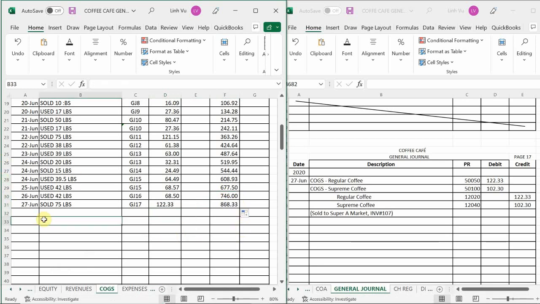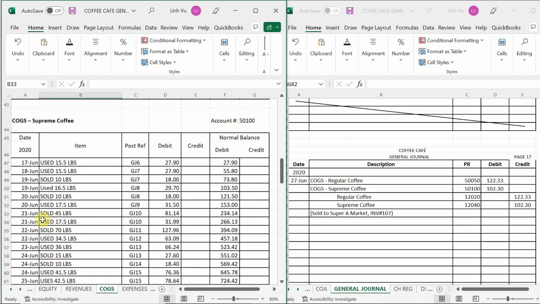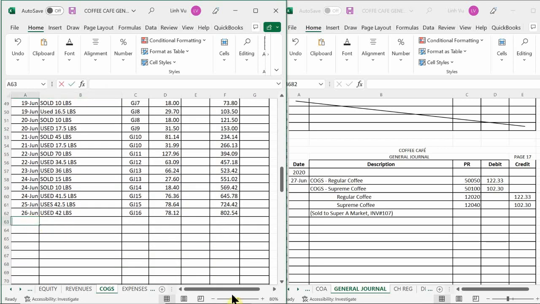Good. So for $102.30 on page 17, I have $904.84. Good.